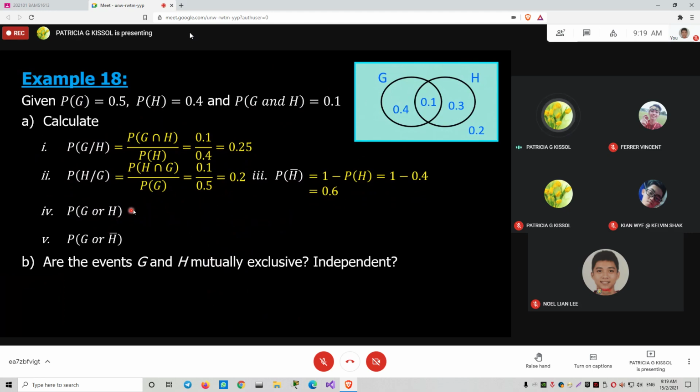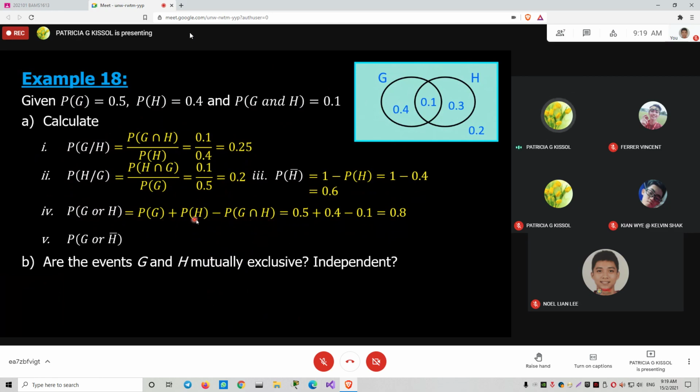Remember when I first started explaining probability, we have the addition rule, and for finding G or H, or union, this is the formula that we use: probability of G plus probability of H minus probability of G and H.